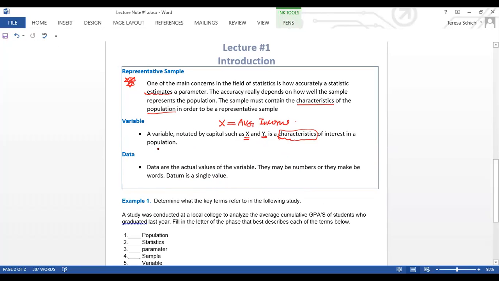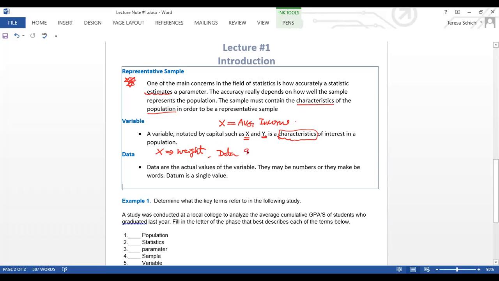Like, for example, you say, hey, X here is the weight. It's the weight for all the students in the university, right? So what will your data look like? Data is actual numbers. If X is the weight, the data of X will be what?